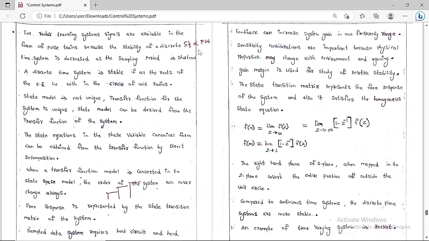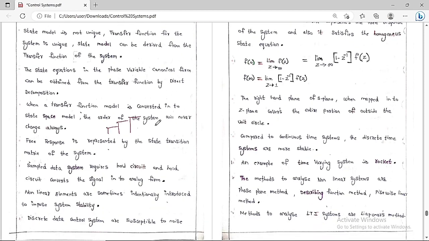So we can say intentionally we add the non-linear elements into the control system in order to improve the stability.